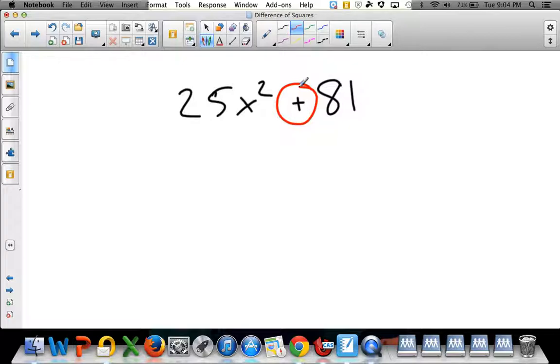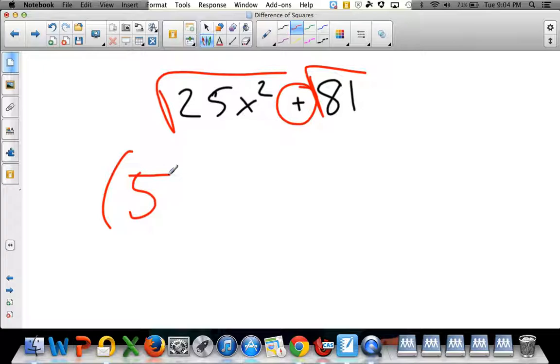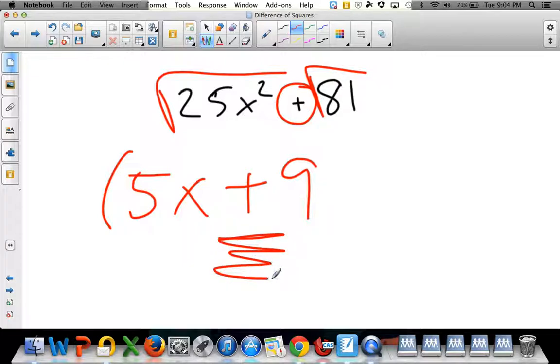You may take the square root of the first term and the square root of the second term, and when you write down 5x and then a plus 9, it should be coming off in your head that, hey, this isn't going to work because it's a plus sign and not a minus sign, meaning difference of squares. So this one cannot be factored by difference of squares.